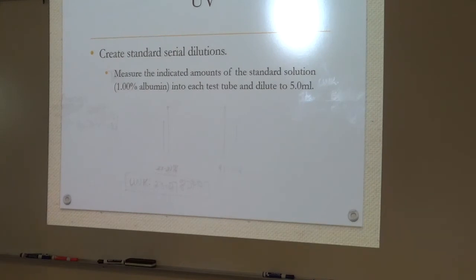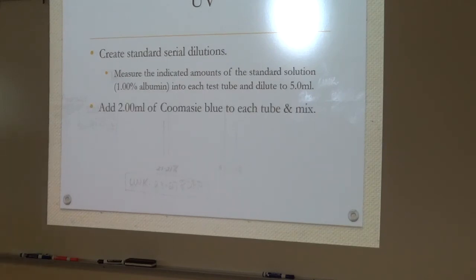You're going to measure, for instance, 5 milliliters of the 1% albumin directly into one test tube, and then I think the next one is 2 milliliters. Then you would use 3 milliliters of water to dilute that to 5. So that would only be 40% of the 1%, and figure out the concentrations for all of those.